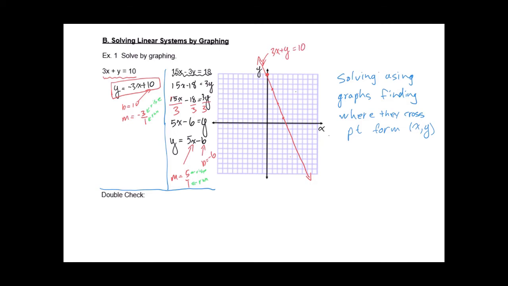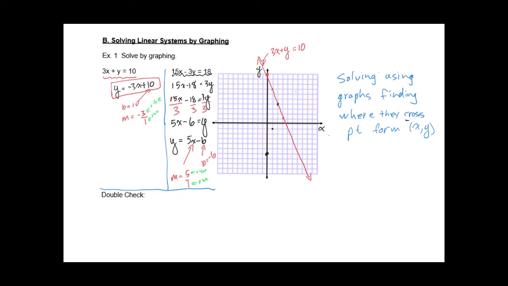And then our other graph is going to be done in black. So in black we find our y-intercept. It's 6 down: 1, 2, 3, 4, 5, 6. And then its slope is up 5: 1, 2, 3, 4, 5 and over 1.